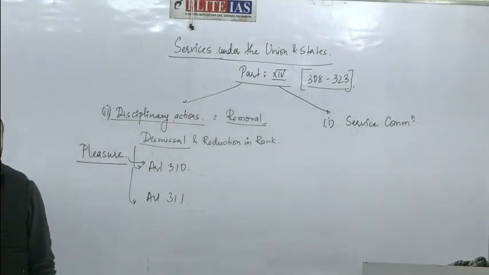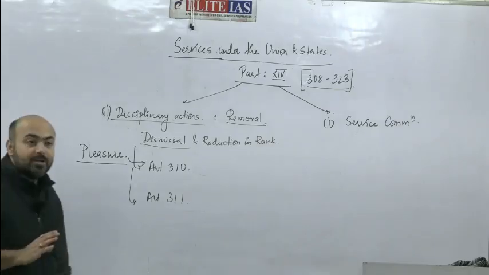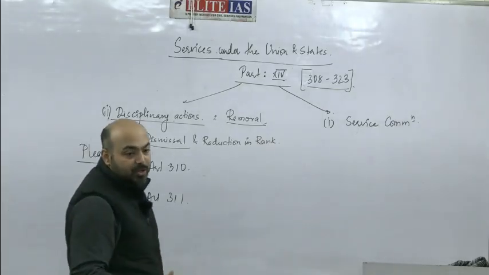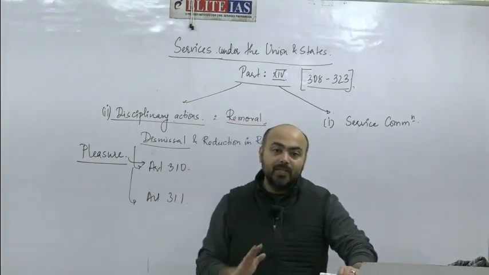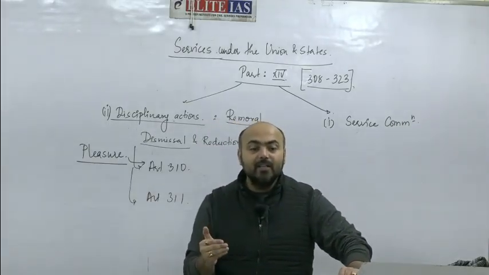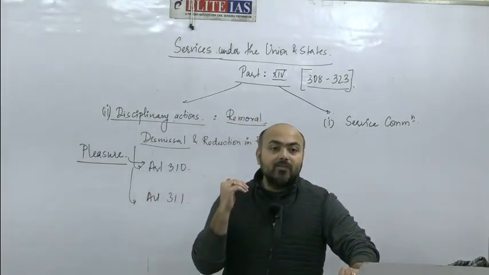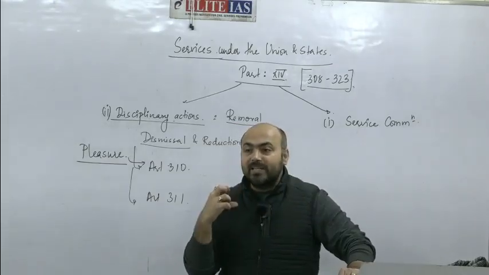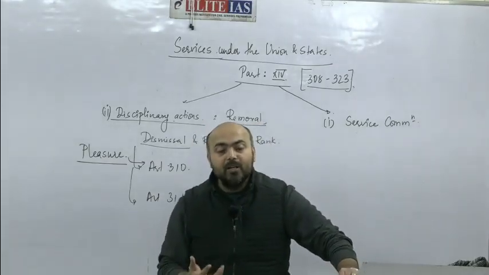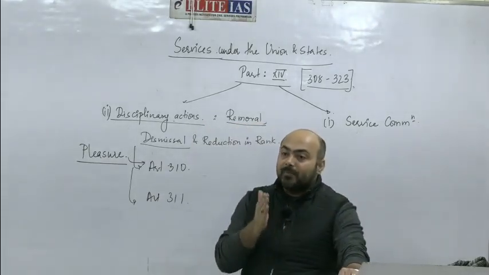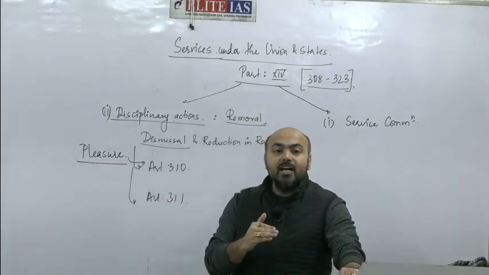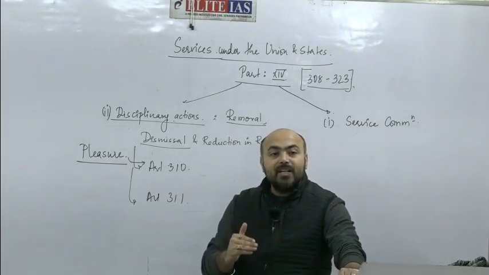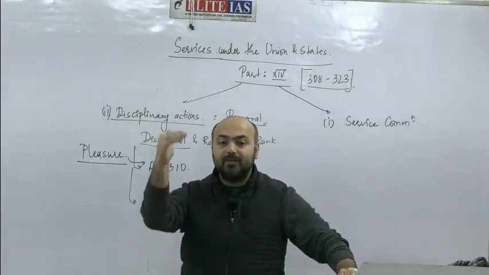They do not work under the pleasure of the Governor or the President. When the Governor or the President is to remove any member who is not working under pleasure, there is a procedure that has been prescribed within the Constitution itself.